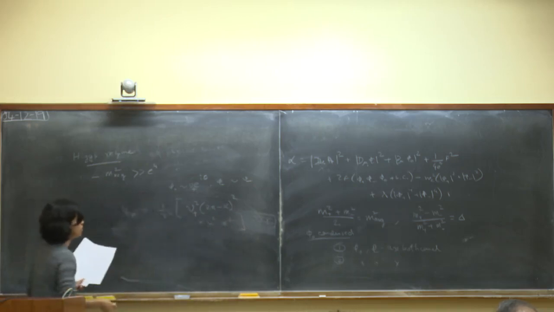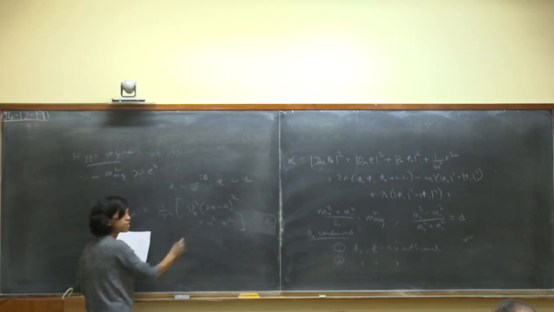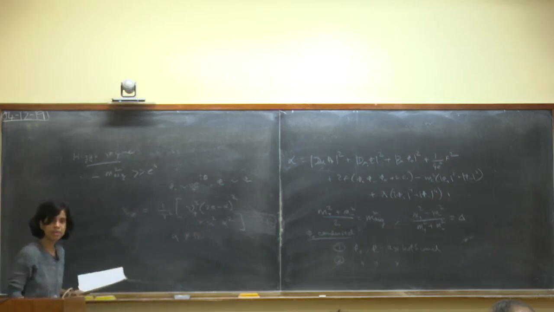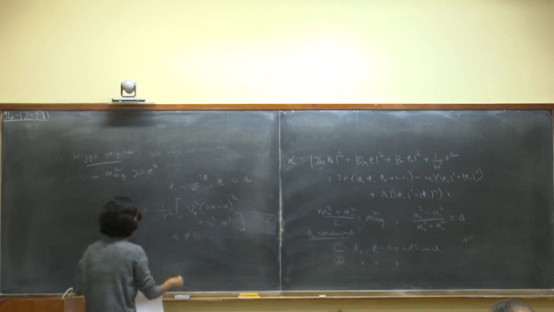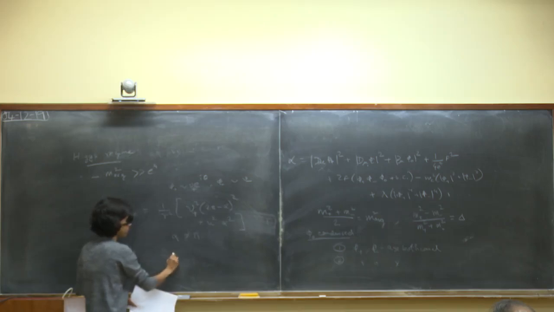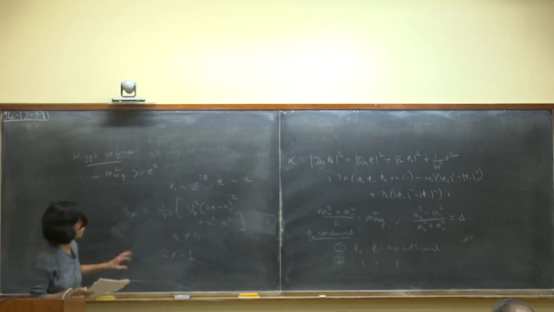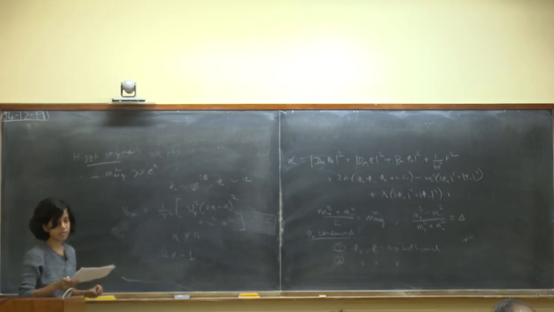So now, because V plus is not the same as V minus, alpha is not equal to pi anymore. So it's not the Wilson loop that I was looking at, it's not quantized, okay? So that's what happens on the Higgs side.